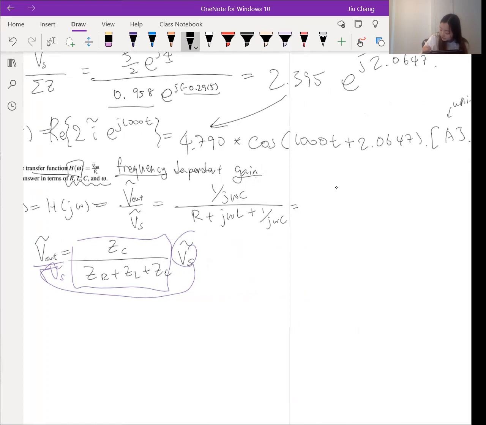Now, we simplify this by multiplying both sides by j omega C. So that would give us 1 for the numerator.